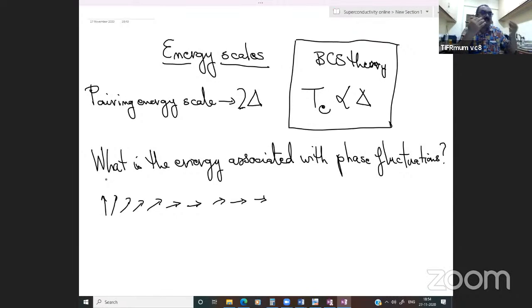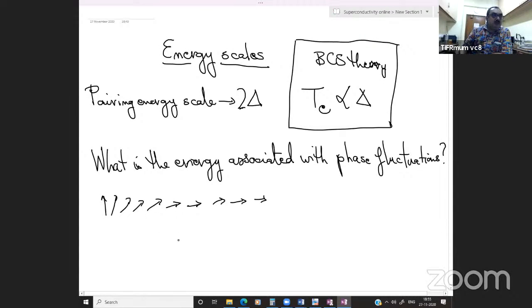There is obviously in such a system the phase sector and the quasi-particle sector, the depairing sector, which could get coupled to each other. There is no way I can ensure a priori that they are not coupled. But since I cannot solve the complete coupled problem, I am decoupling them. Now I am pretending that there is no depairing, and I want to find out the energy cost associated with a gradient of the phase.